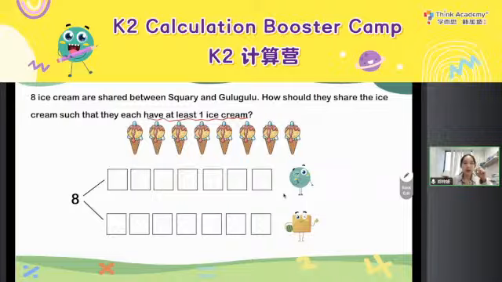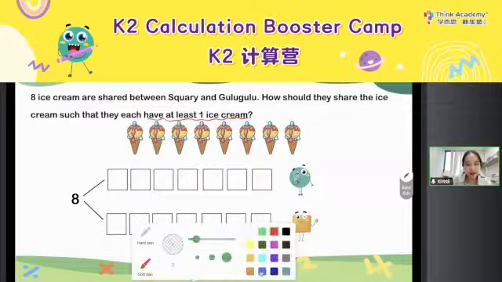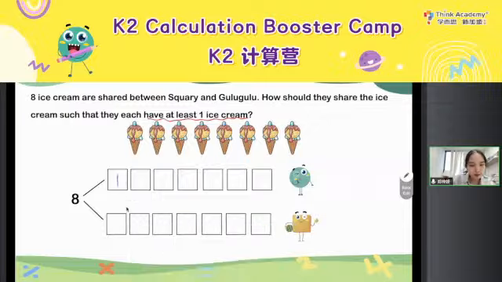So still, let's give it a try. Now, I say, Glue Glue, you are on diet. You can't eat too many ice creams. So I only give Glue Glue 1 ice cream. How many ice creams can Squarey get? Squarey must be happy, must be thrilled, right?